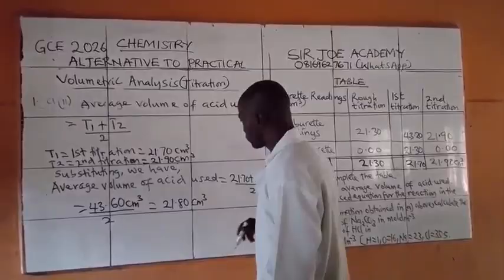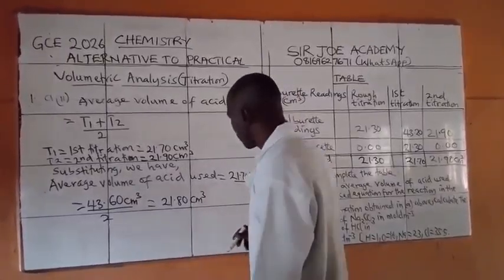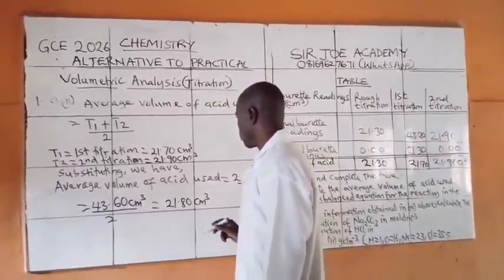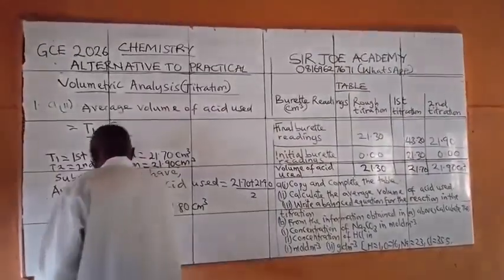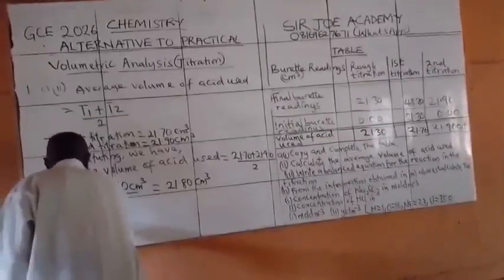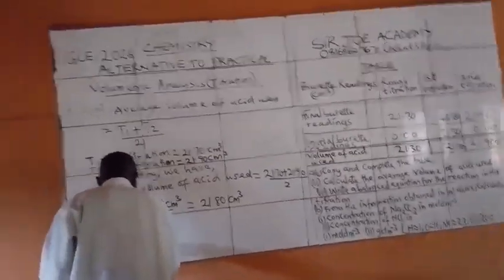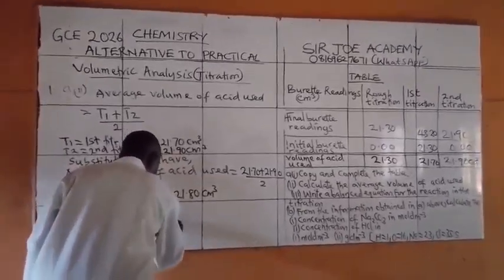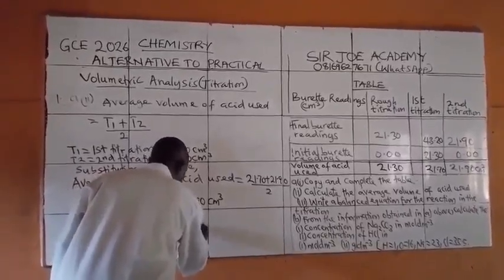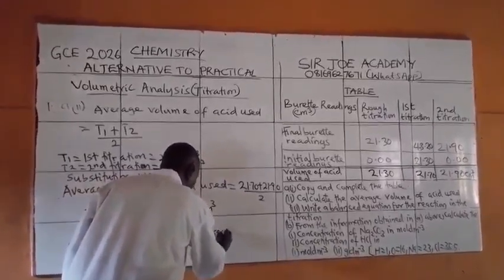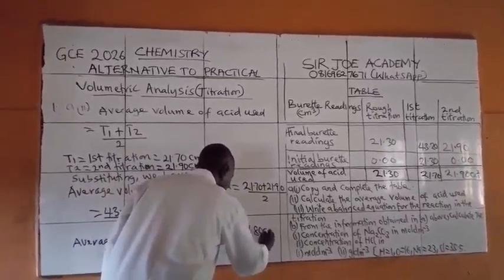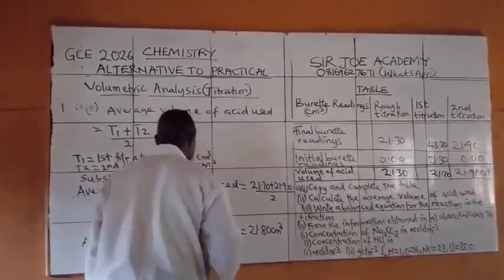Look at the way I solve the question very well. So you can now say that average volume of acid used is equal to 21.80 centimeter cube.